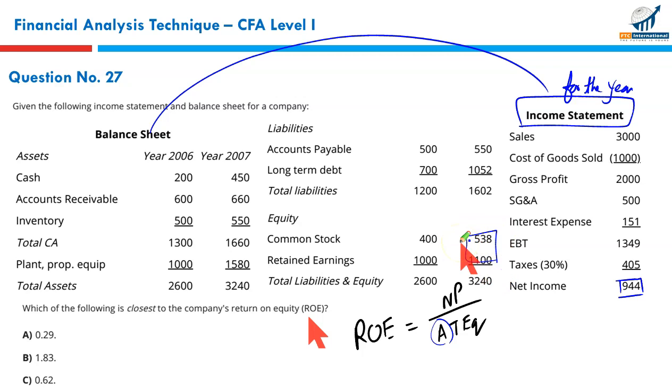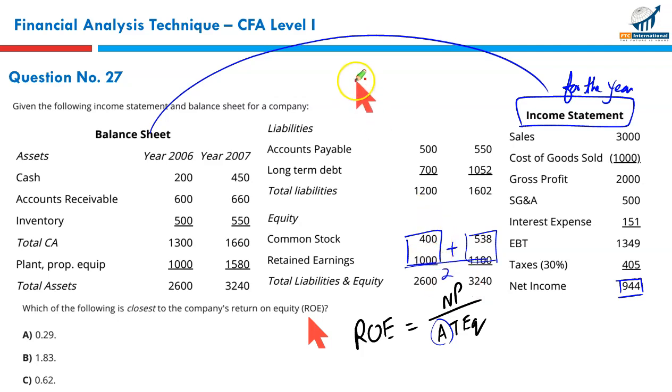Equity should be taken for the whole year, but unfortunately equity cannot be taken for the whole year. What we can do at best is take the average of opening equity, common stock plus retained earnings, plus closing equity, and divide it by 2. Averaging our equity this way will somehow give it an annual feel or an annual impact.